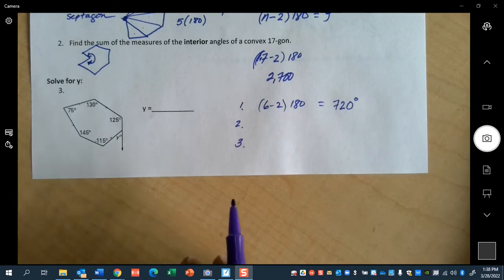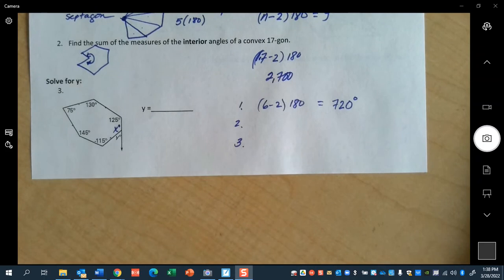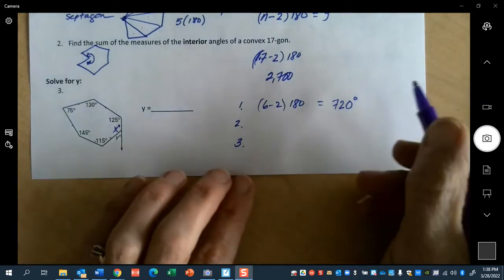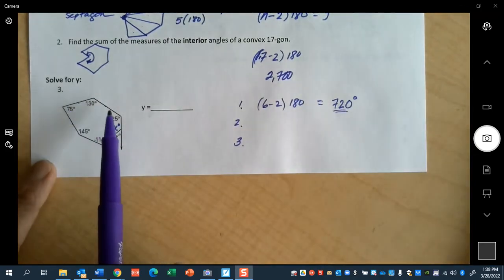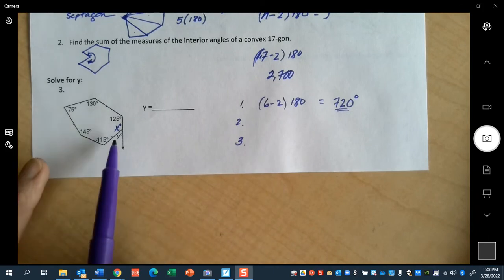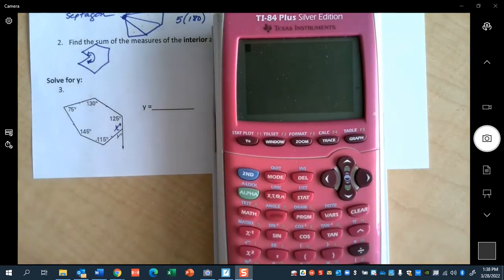What do you think step 2 is? Why don't I call this X so we all are talking about the same thing? What do you think I should do next, Nick? Add together all the other angles and subtract it from the total. Yeah. So if this is my total, and I know 1, 2, 3, 4, 5 of the angles, I need to add them all together to figure out which one I'm missing.